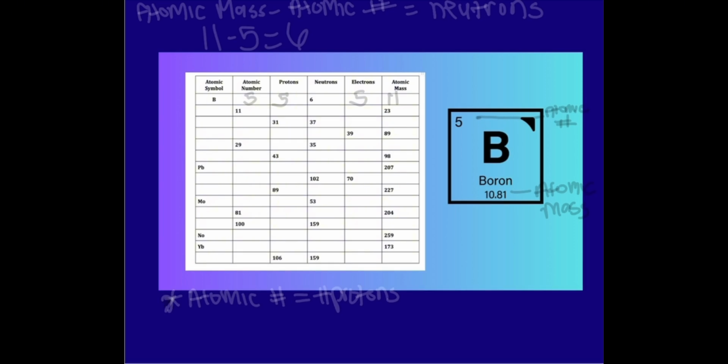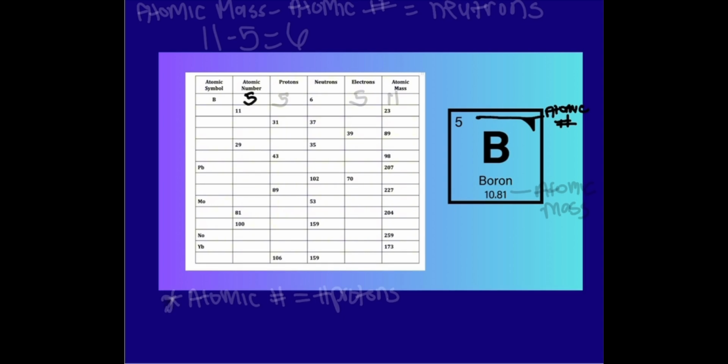Now, I have been given the atomic symbol, which is B. Now it is asking me to identify the atomic number. Remember, we discussed that the atomic number is the number that is located above the element symbol. So this is my atomic number for B, which is 5.